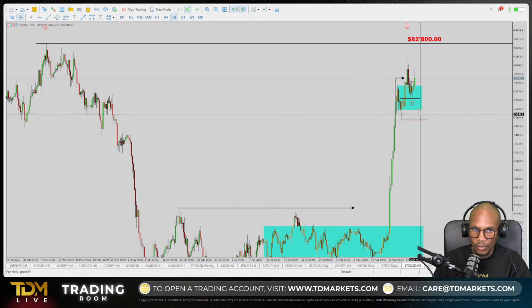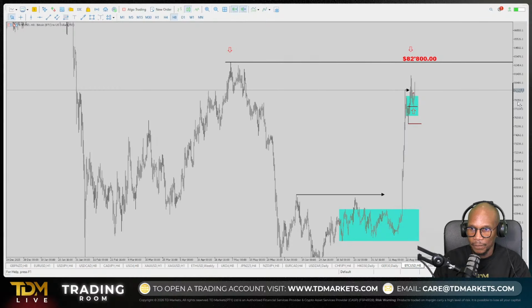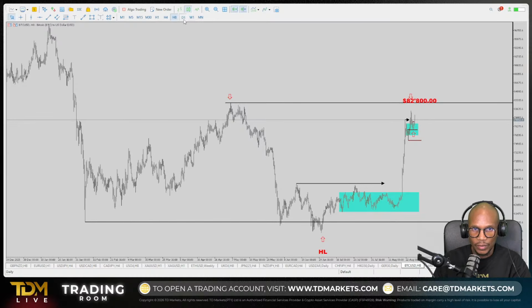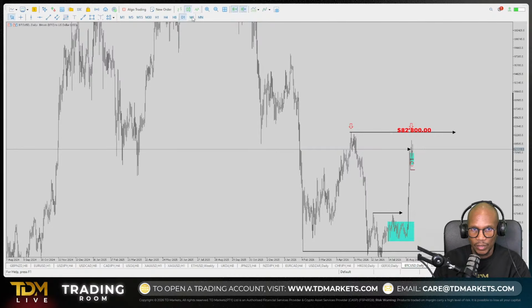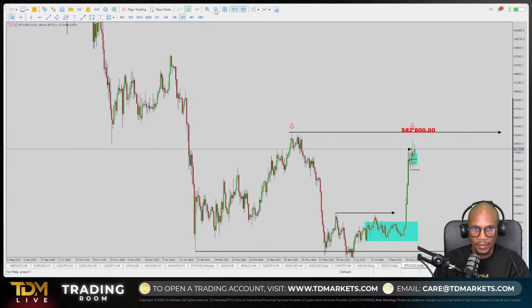So any longs, one would target that 82,800, and then from there, if it breaks 82,800, then we'll be looking for more targets around this area.